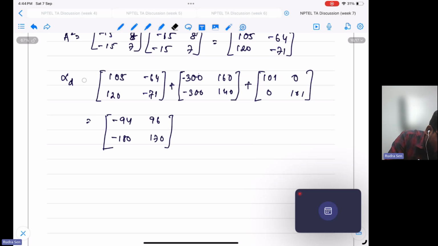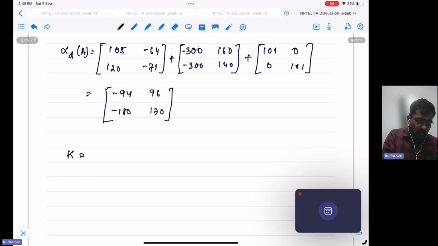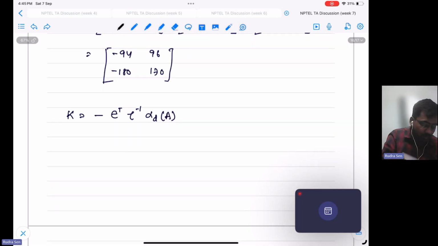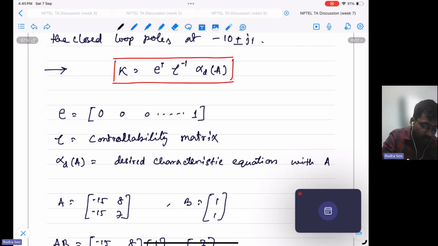This is alpha d of A. So now what is the formula of K? K is minus e transpose C inverse alpha d of A. So what is e transpose? E, as I have said, sorry, this is my mistake.